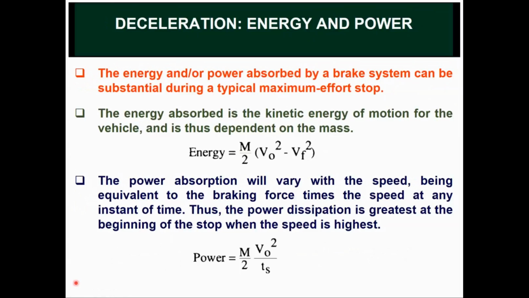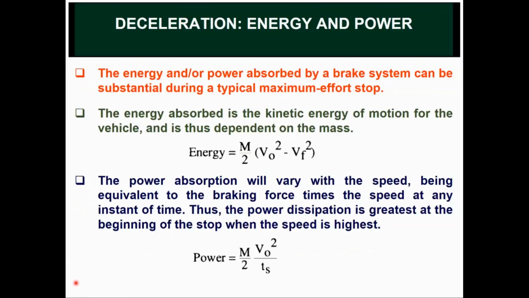Okay, and then we go to the energy or power in terms of deceleration. The energy and power absorbed by a brake system can be substantial during a typical maximum effort to stop.